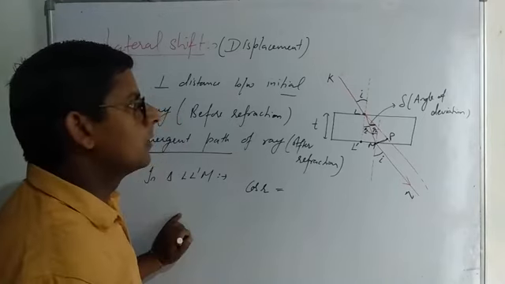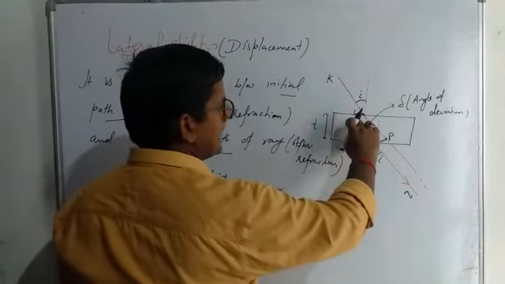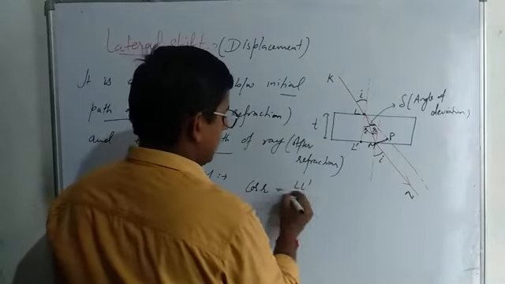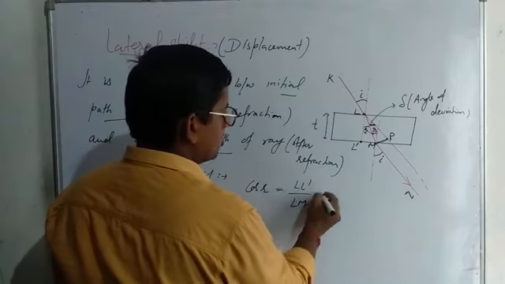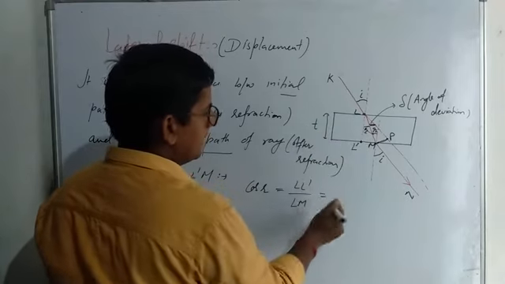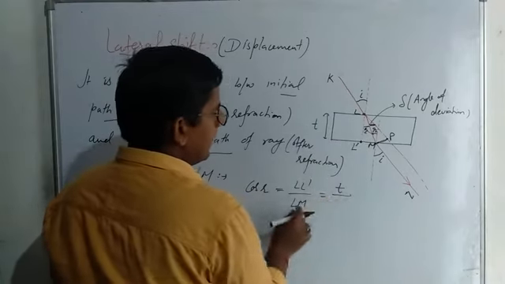And what is base? Base is LL dash and hypotenuse is LM. LL dash over LM. So you can write that LL dash is T, divided by LM.